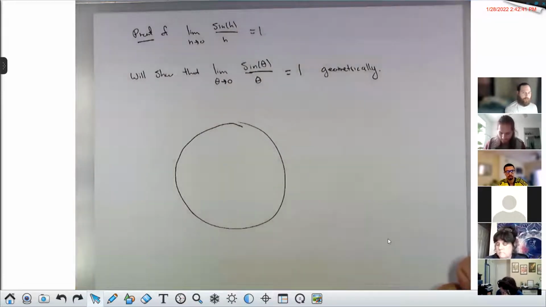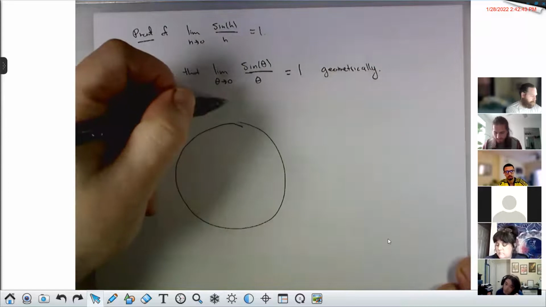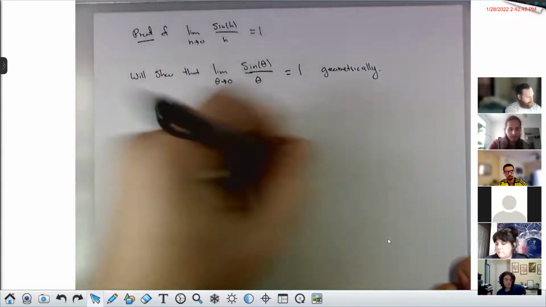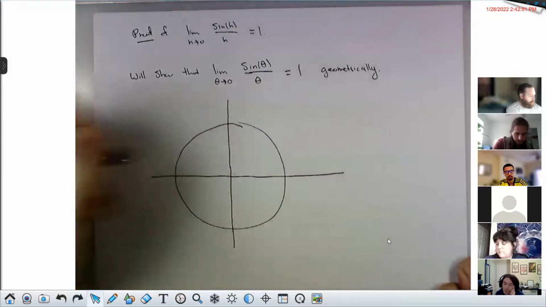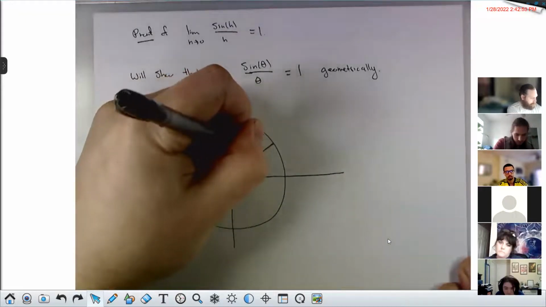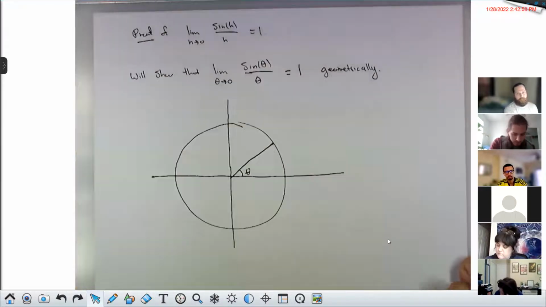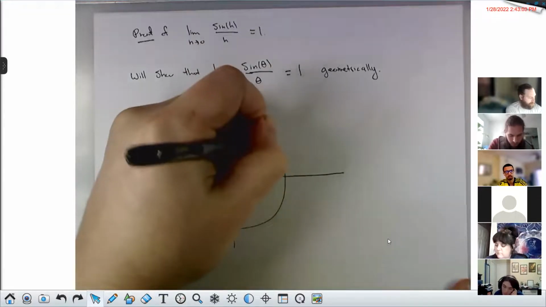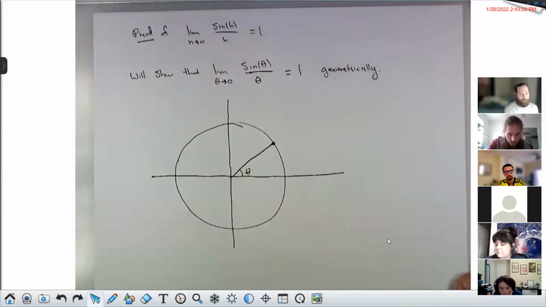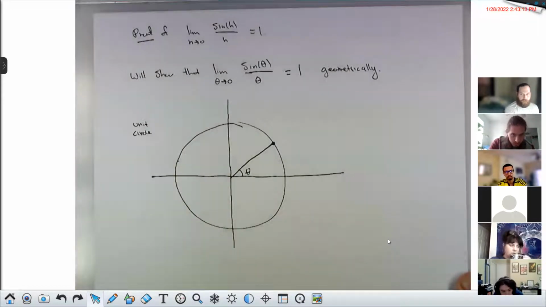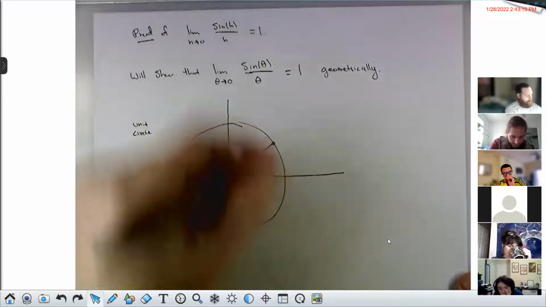Here's the unit circle. Here's the angle theta. That means that this point right here on the unit circle is cosine theta comma sine theta.